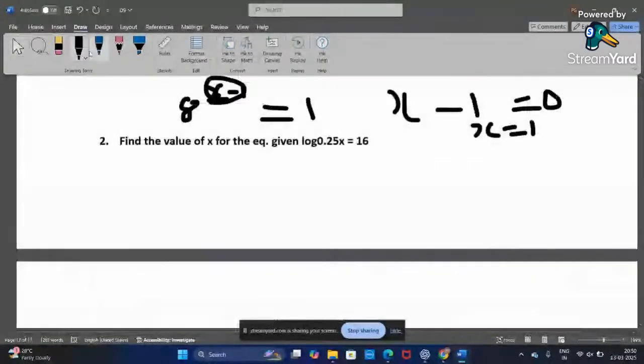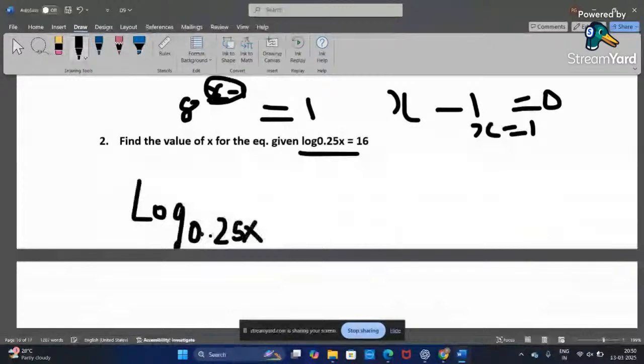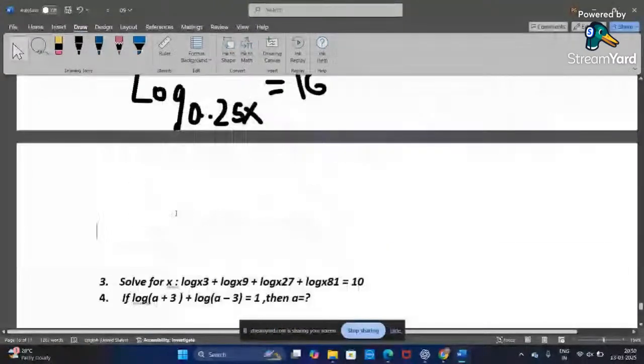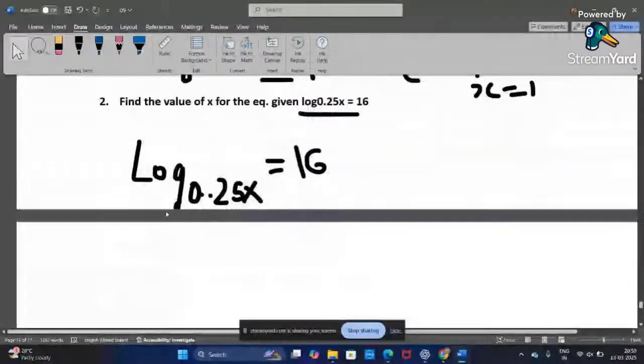Now next, I'll write this equation again. Log to the base 0.25 of x equals 60. We need to find the x value. Here, what is x?